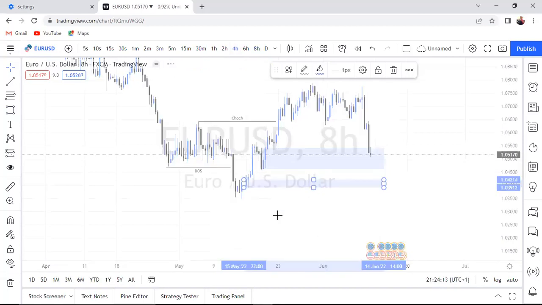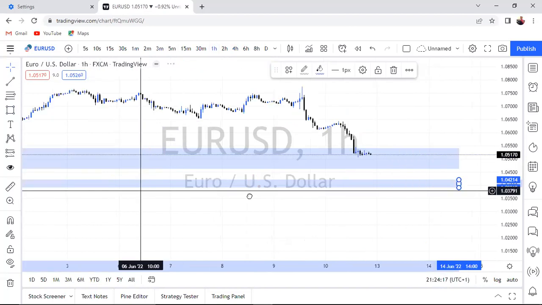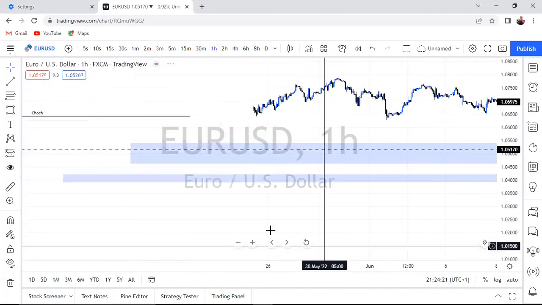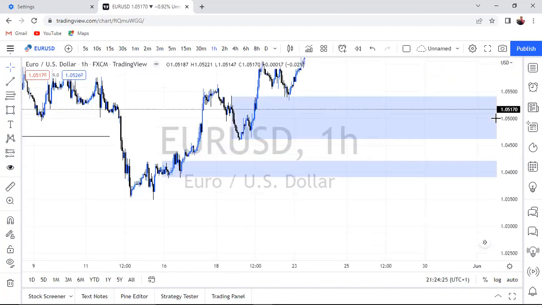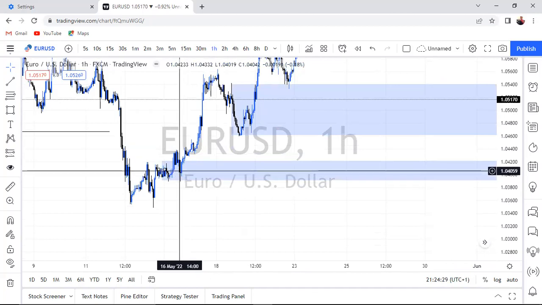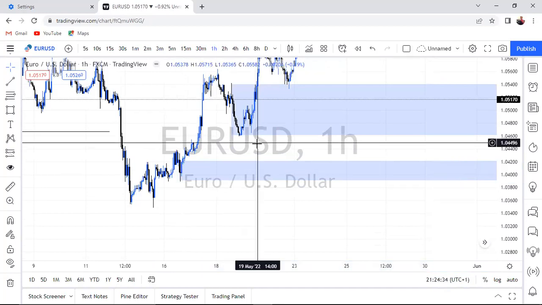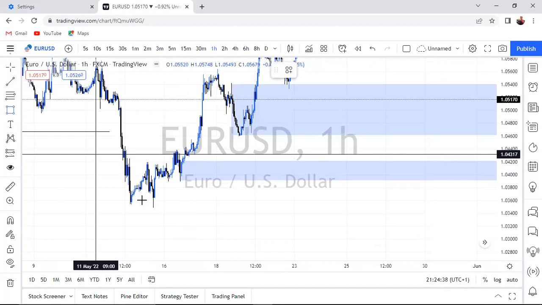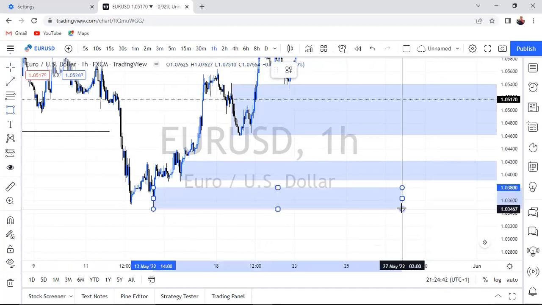Apart from that, we should be able to see something inside that wick. Do you see it? Can you see it? Yeah. That's another valid point to look for our entry model, and this is the last one.